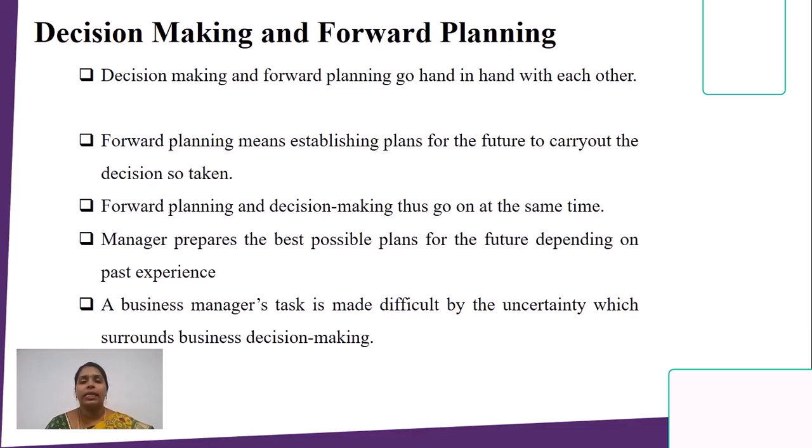Managerial economics says that decision making followed by forward planning will help you to succeed in the long run. Decision making and forward planning go hand in hand with each other. Forward planning means establishing plans for the future to carry out the decision so taken. Forward planning and decision making thus go on at the same time.